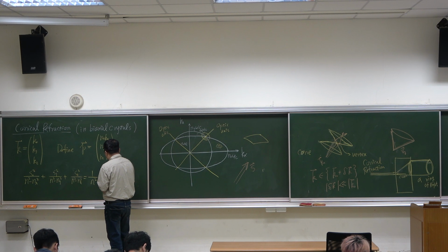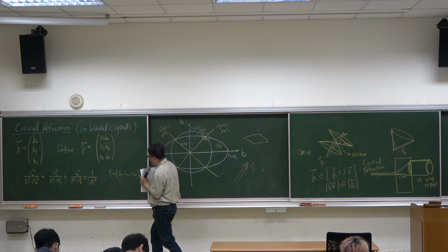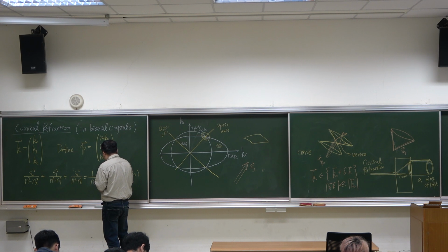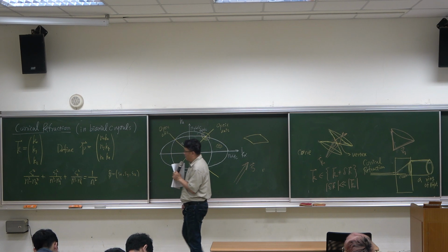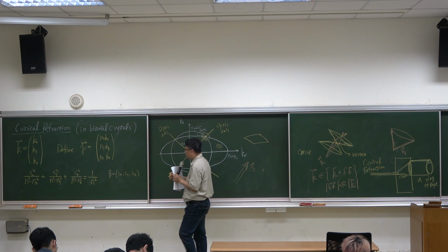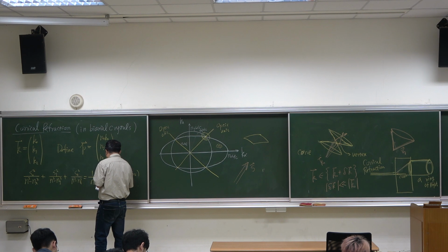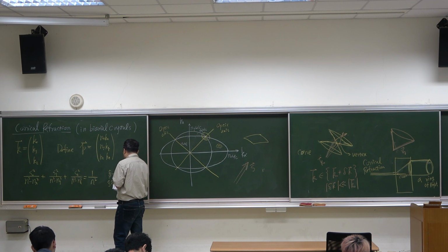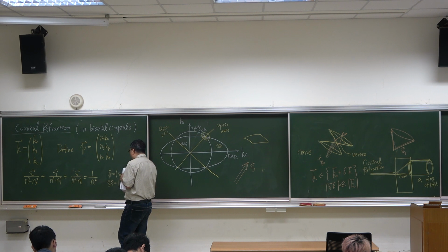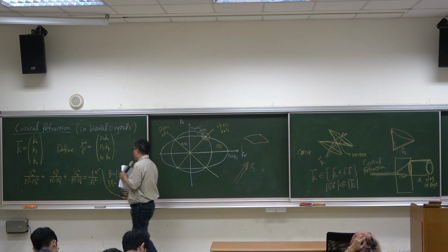Here s is the three components of the s vector. This s vector is the small s, not the capital S. Small s means the unit vector along the k vector. Then I use the property that s dot s is equal to 1, which means sx squared plus sy squared plus sz squared equal to 1, and substitute this result into the right hand side.